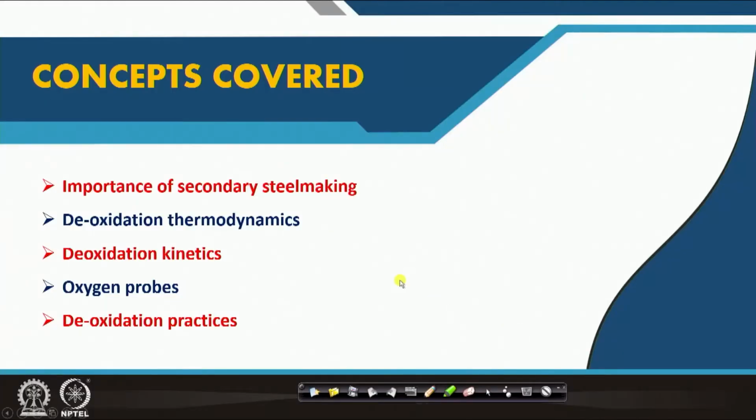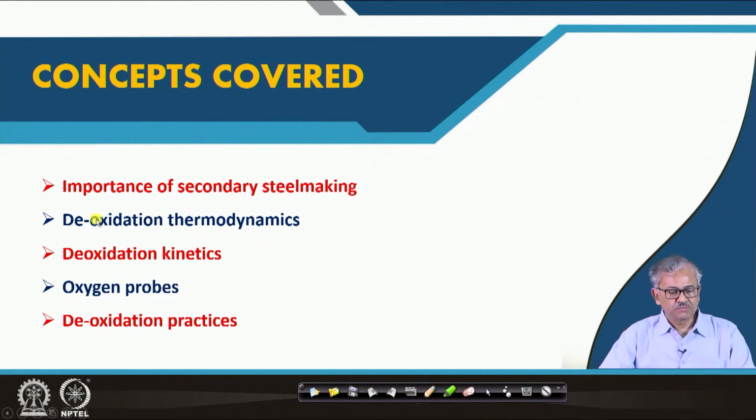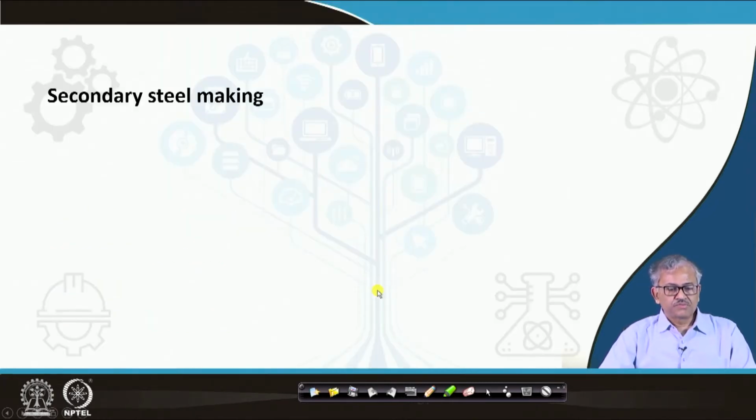The concepts covered will be the importance of secondary steel making, why secondary steel making is important, then deoxidation thermodynamics, deoxidation kinetics, how to measure dissolved oxygen with probes, and deoxidation practices, how we carry out deoxidation in a steel plant. Okay, first let us talk about the significance or importance of secondary steel making.